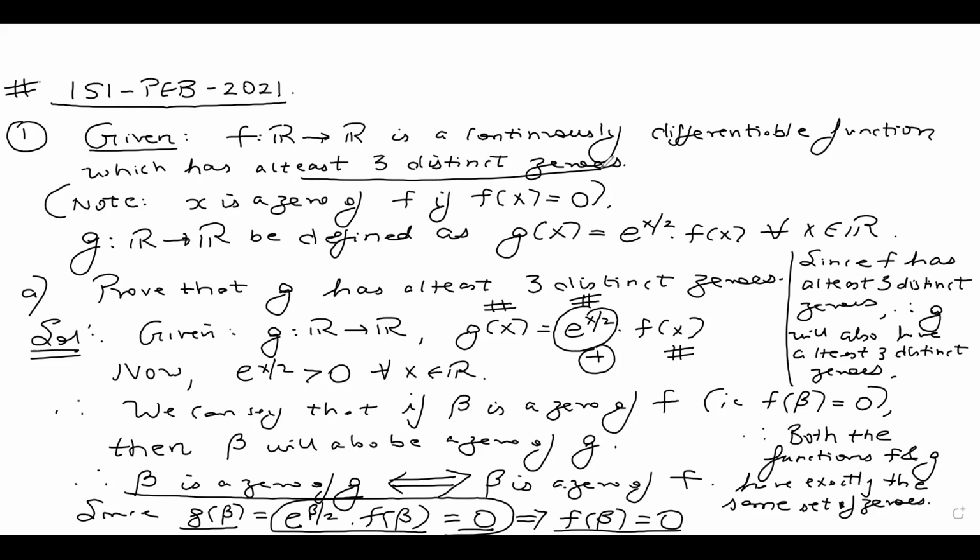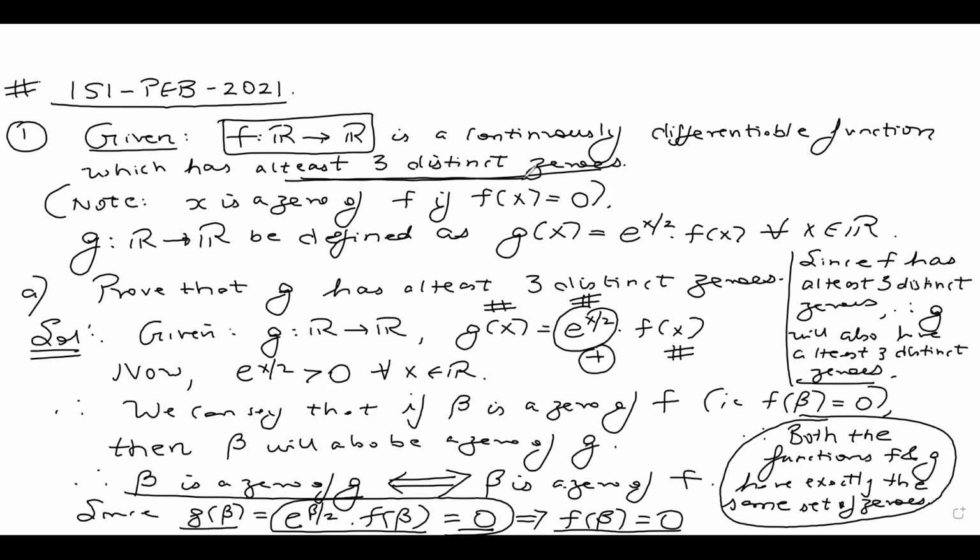Suppose I say that f has 3 distinct zeros, let's say beta 1, beta 2, beta 3. They are distinct, which means beta 1, beta 2, beta 3 are not equal to each other. Since we have shown that both the functions have exactly the same set of zeros, if the function f has 3 distinct zeros, then automatically function g will also have at least 3 distinct zeros. So we have proved it.